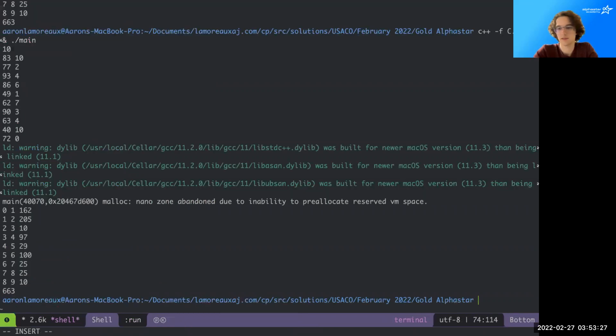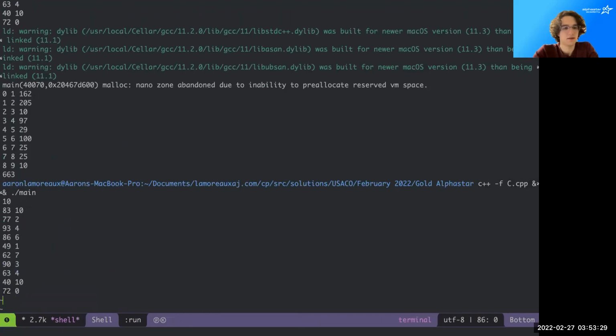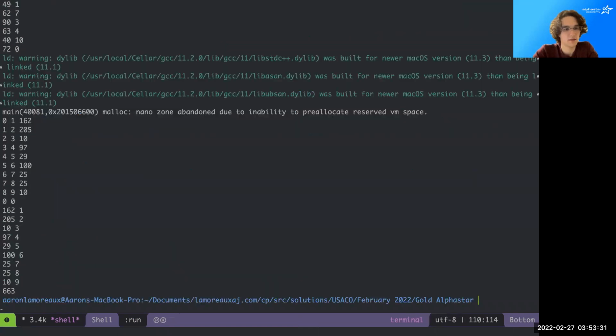Let's add some more debugging prints and see what we can see. Okay, so we end up adding node 0 with cost 0, 1 with cost 162, 2 with cost 205.